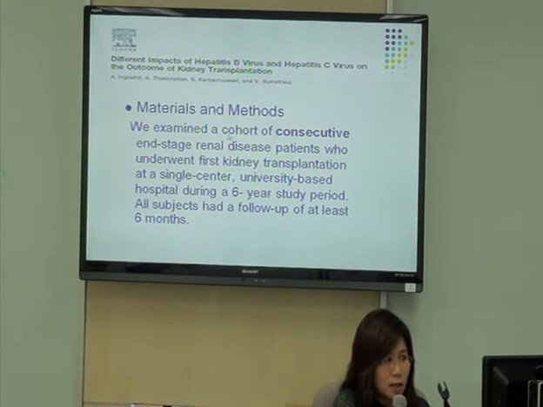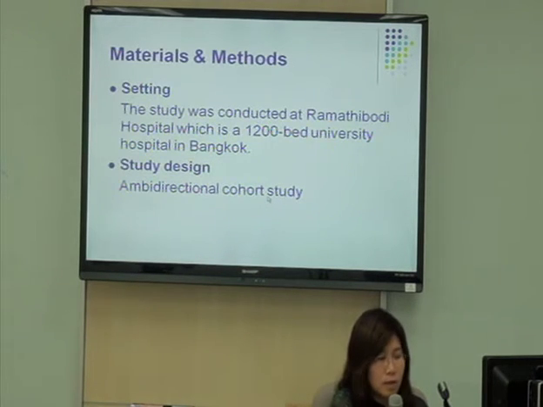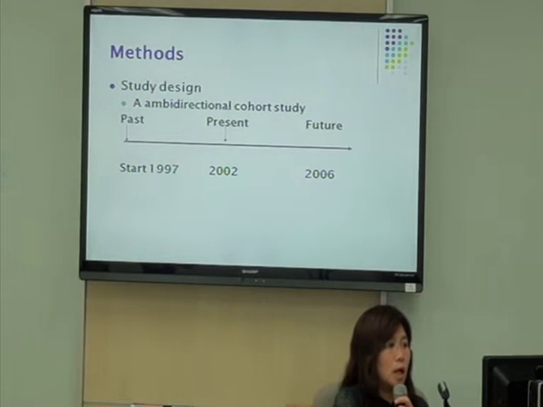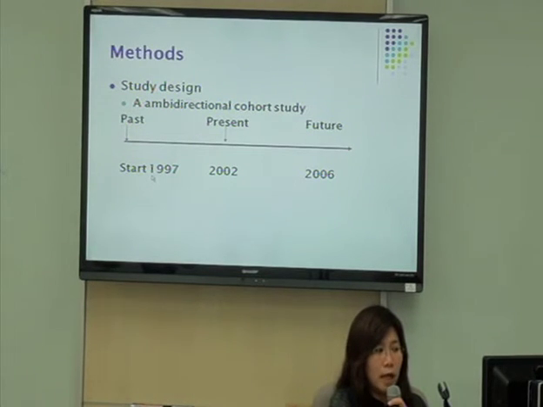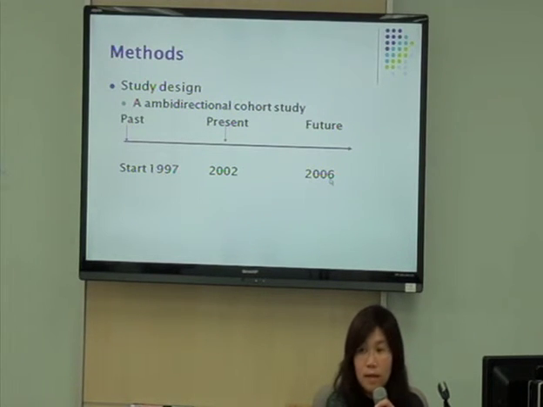The method is a cohort of consecutive end-stage renal disease patients who underwent first kidney transplantation, with 6-year follow-up, conducted at Ramathibodi Hospital. This is an ambidirectional cohort study because we go back to 1997 and then follow up until 2006.